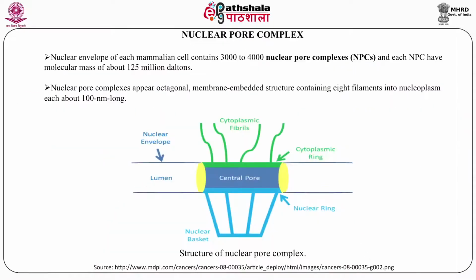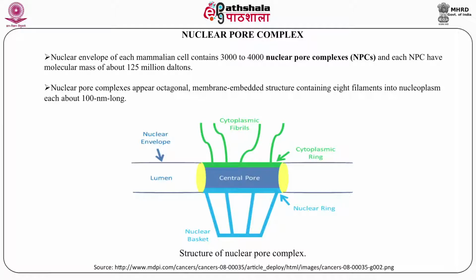The nuclear envelope of each mammalian cell contains approximately 3000 to 4000 nuclear pore complexes, which are responsible for molecular exchange between the nucleus and cytoplasm, and also for preventing the transport of materials not destined to cross. It means they have to remain in the nucleus.